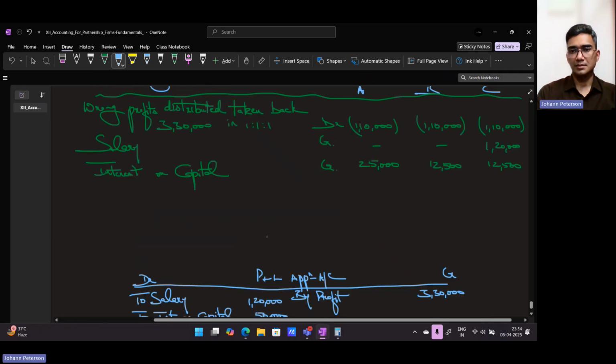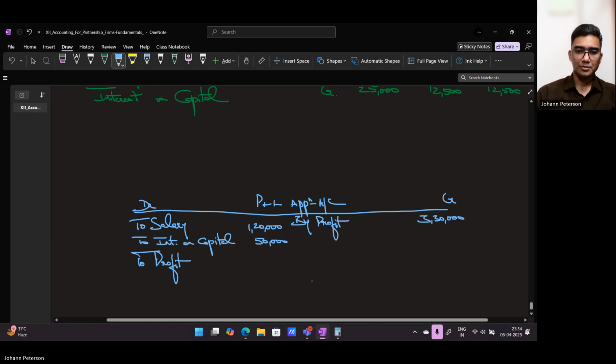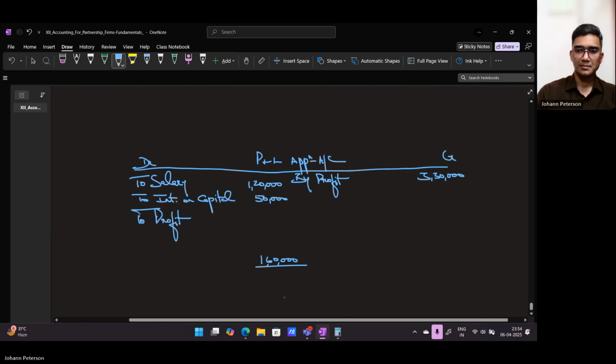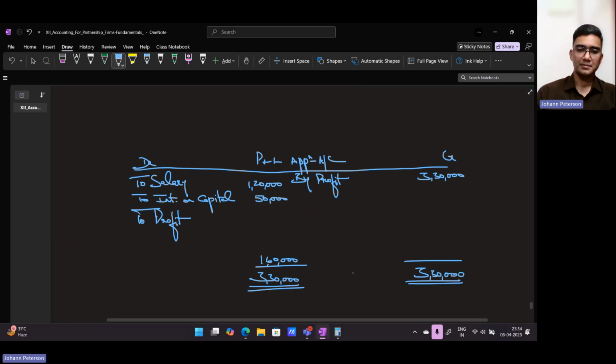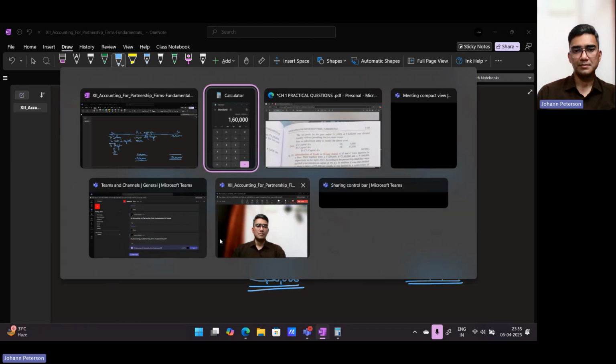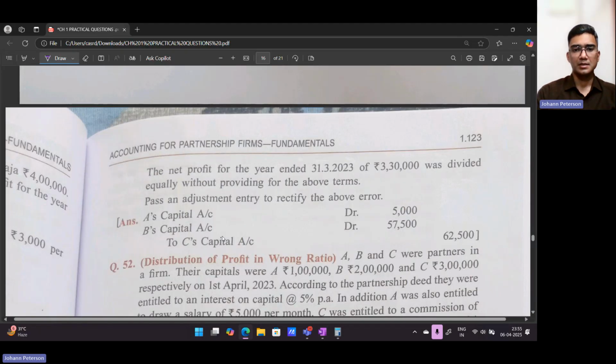So what is my profit? We have three partners, right? A, B, C. So let's divide 160 in the ratio of the capitals.